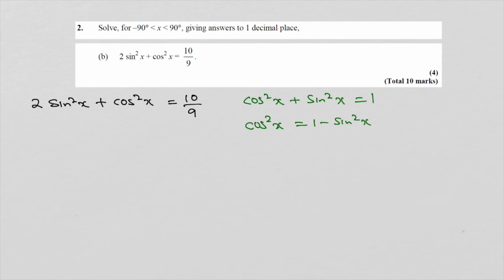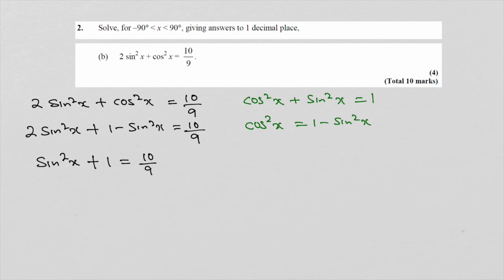So now let me replace that. I've got 2 sine squared x plus 1 minus sine squared x equals 10 over 9. Right, so I've got 2 sine squared x and minus 1 sine squared x, so that would be just sine squared x plus 1 equals 10 over 9.